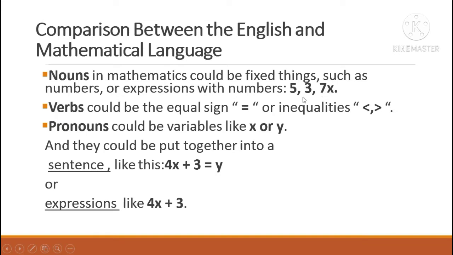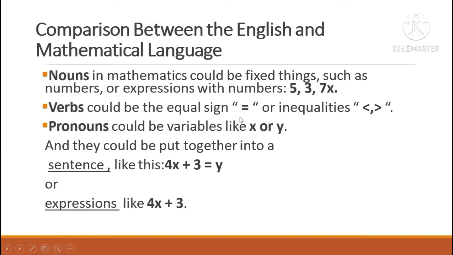So, this is called nouns. What is a verb? Verbs could be the equal sign or inequalities, like greater than or less than. Kapag nakita nyo doon sa sentence natin na may equal or these inequalities, that is what we call the verb.